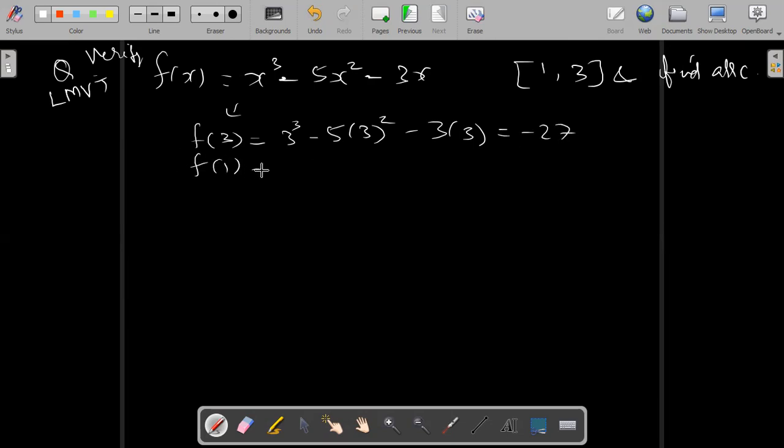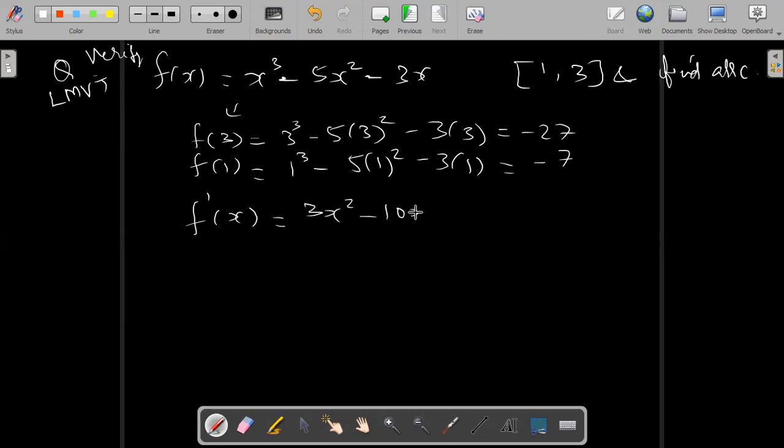And f(1) is 1 cube minus 5 into 1 square minus 3 into 1, which is minus 7. For f dash, f dash x is 3x square minus 10x minus 3, so f dash c will be 3c square minus 10c minus 3.